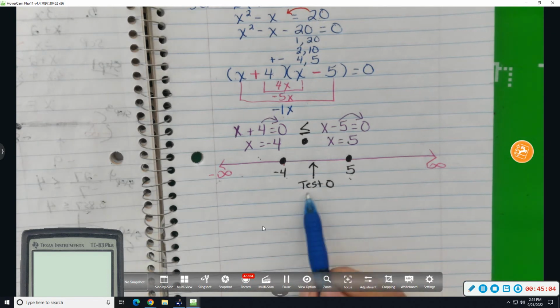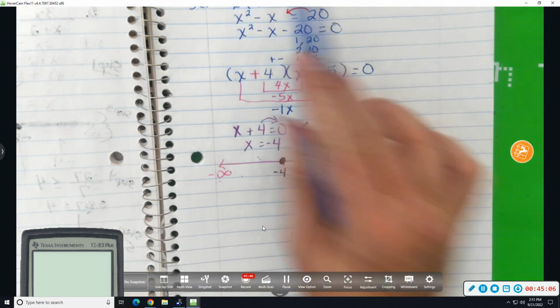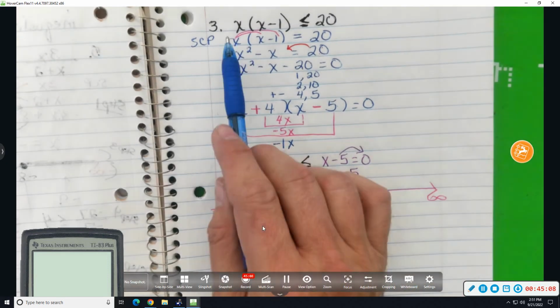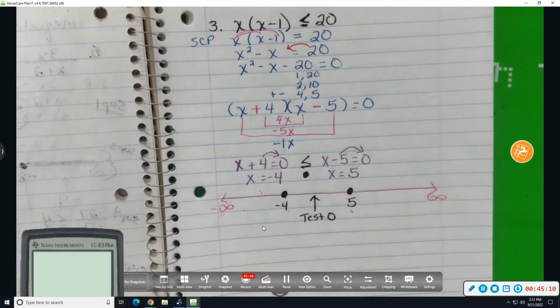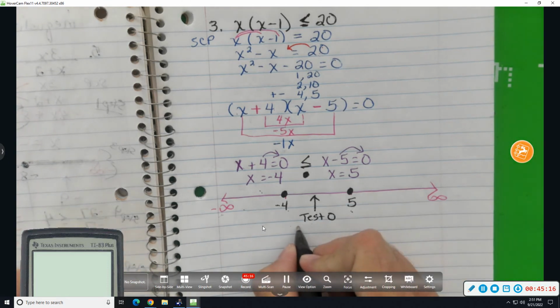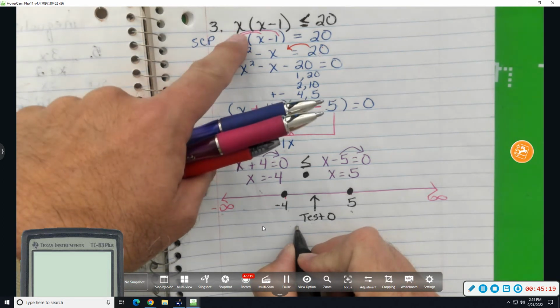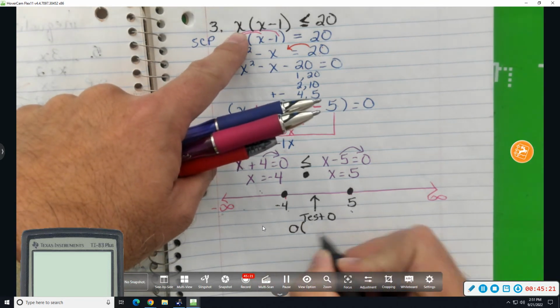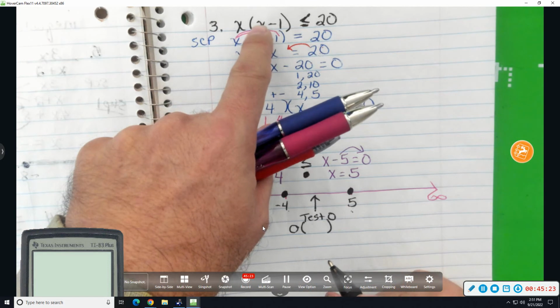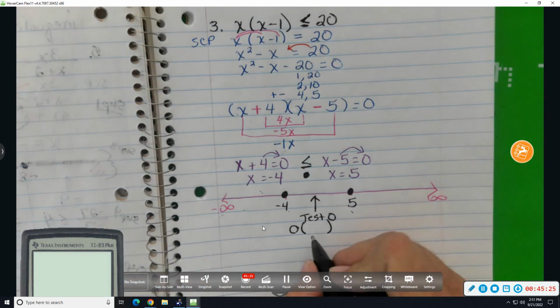Okay, so I'm going to test 0 by plugging it in here. Oops. Right up here. Yesterday, my brother did so much of the writing, and I kept telling him, write smaller, write smaller. And I'm having that same problem here. Plugging a 0 in for x. We'd have a 0. And what about in the parentheses? 0 minus 1.